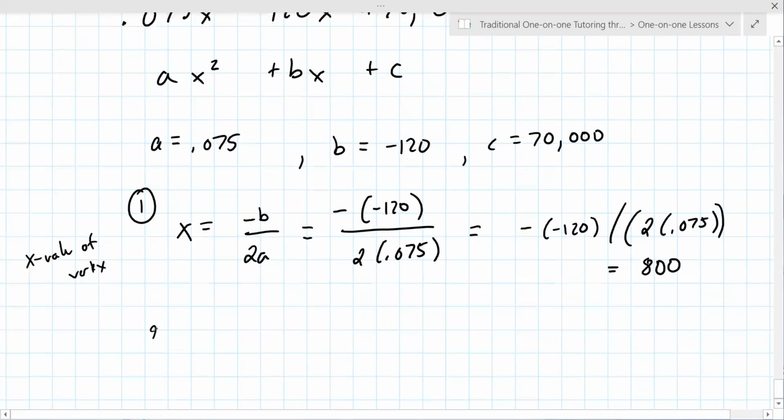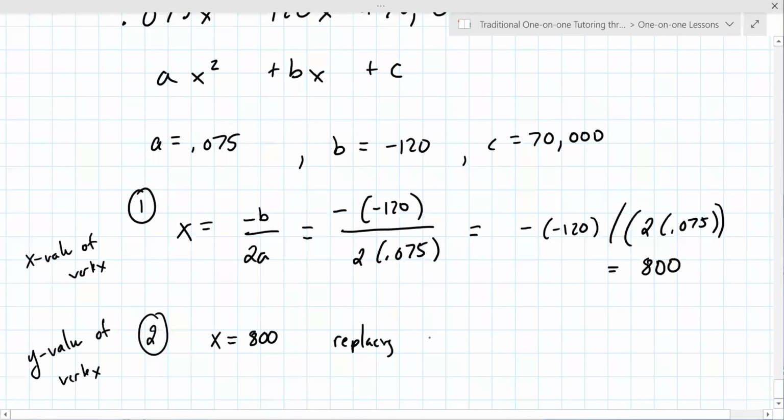Great. So the second thing here, and this will probably be our last thing, is to find the Y value of the vertex. You do that by taking the X value of the vertex, X equals 800 in this case, and replacing X in the original equation.